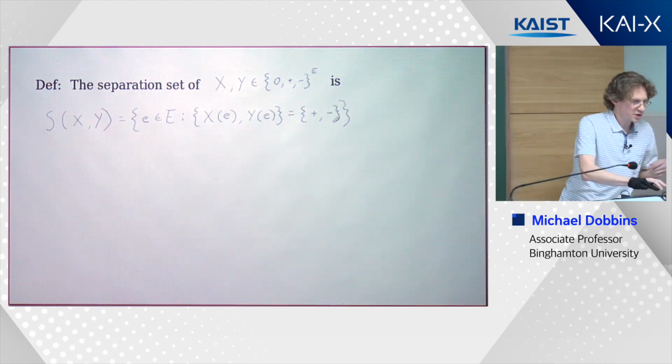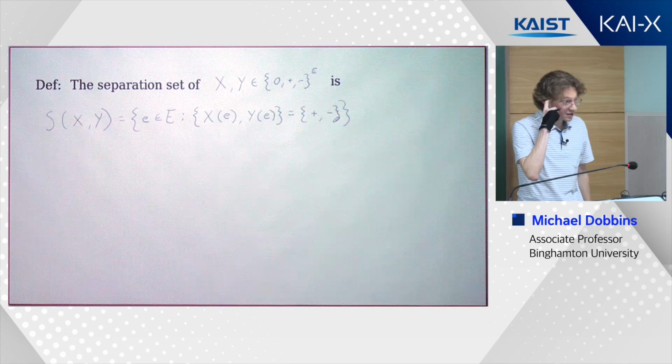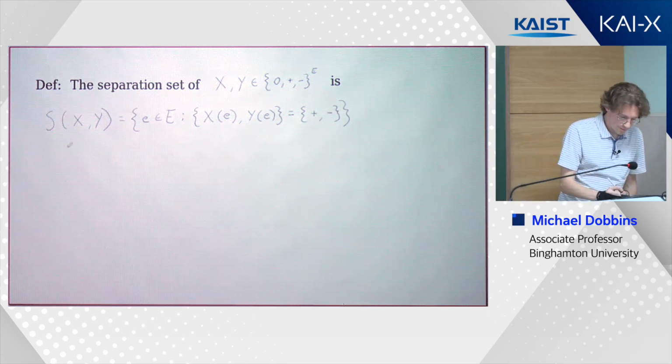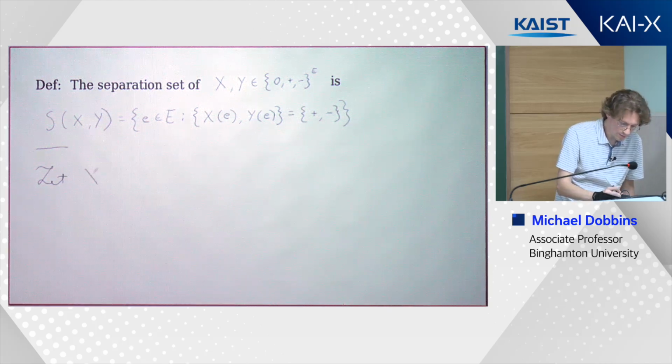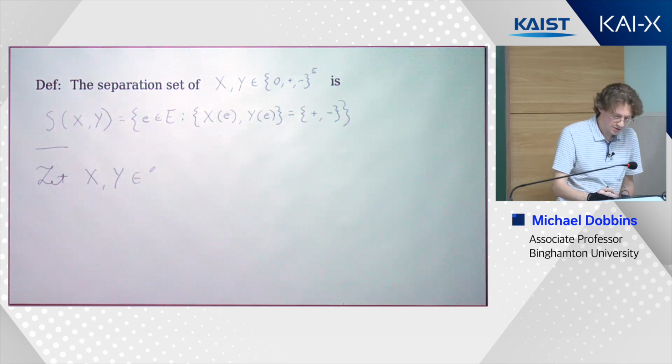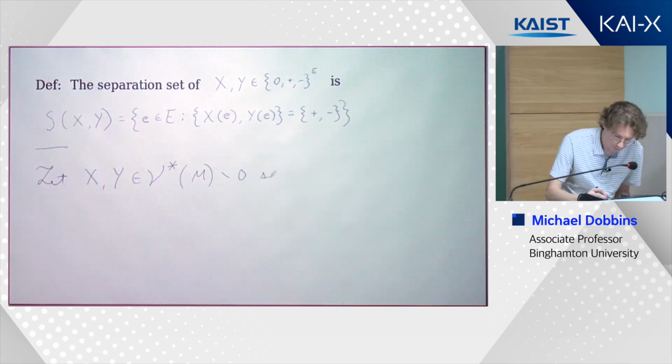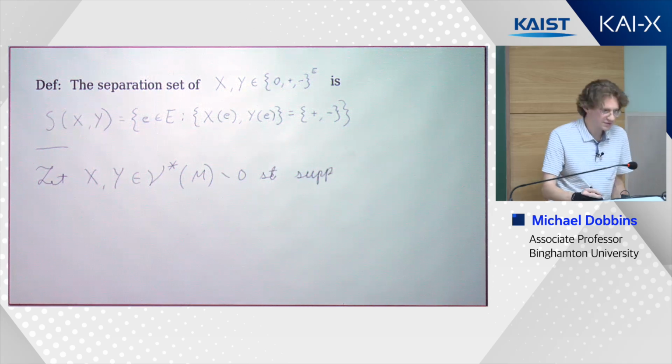So let's say we have two vectors x and y, and suppose the support of y is a subset of the support of x.